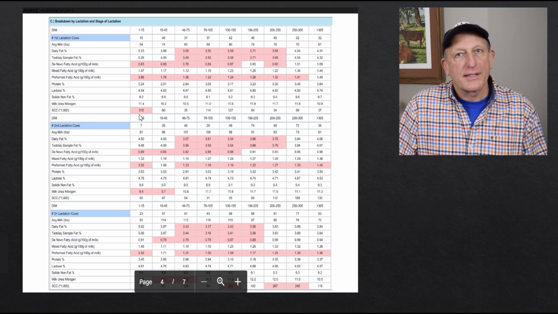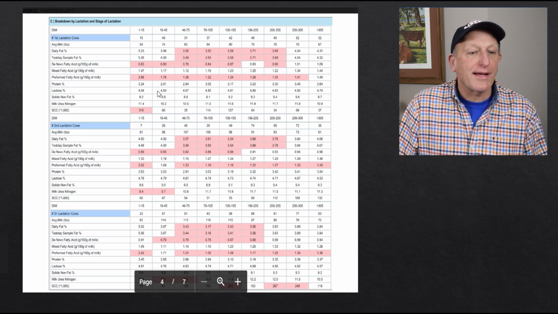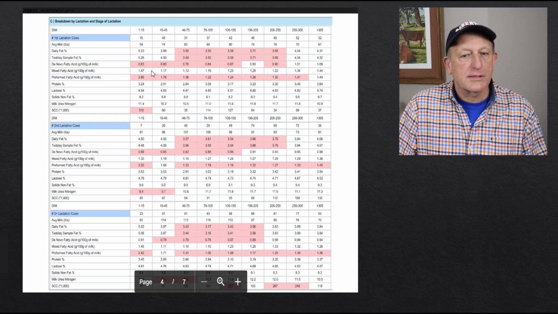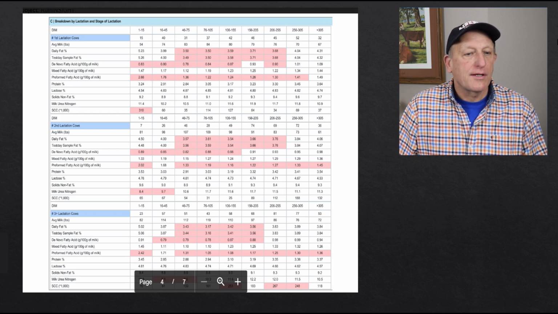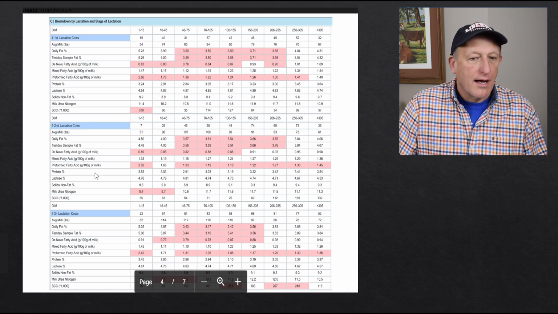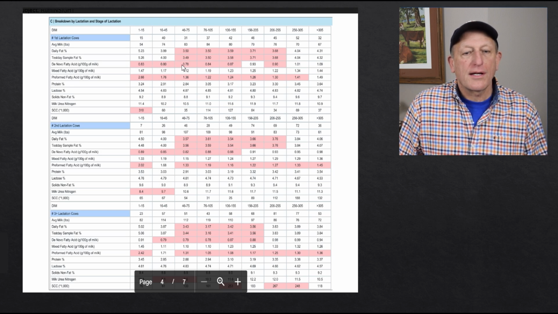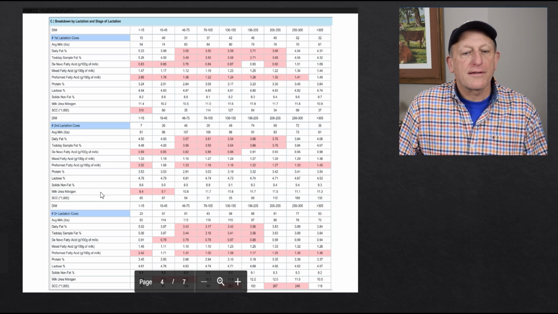What's really neat about it is they can look at the by-lactation group of the de novo fatty acids by days in milk, and you can look at first lactation de novo fatty acids, and that's shown right here, and the second lactation and third.